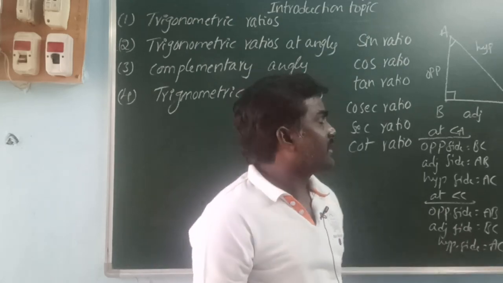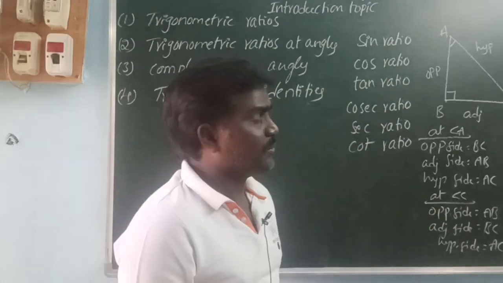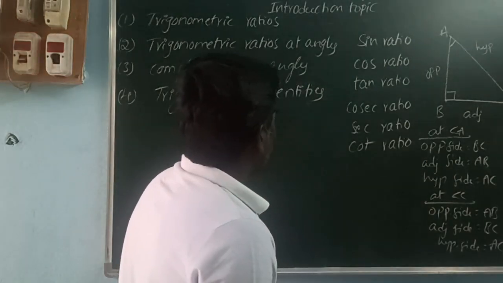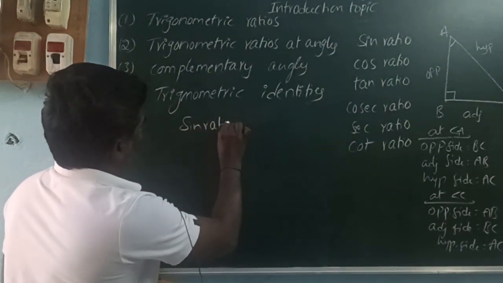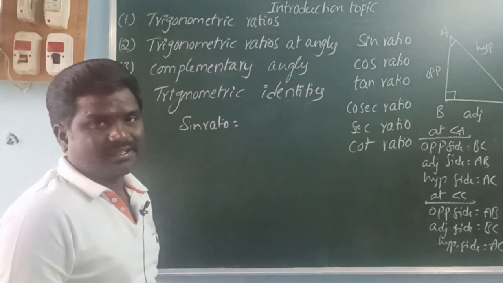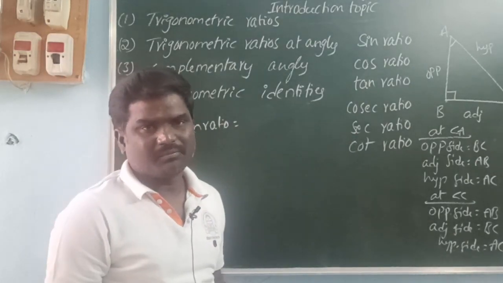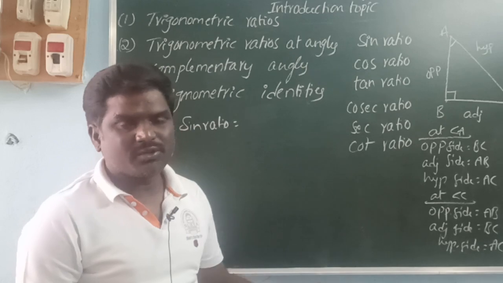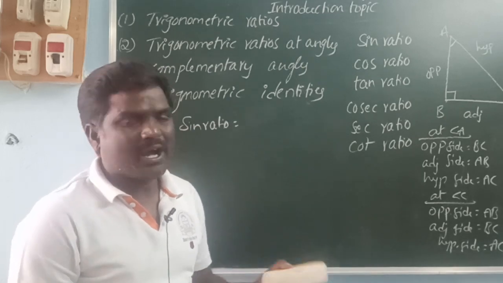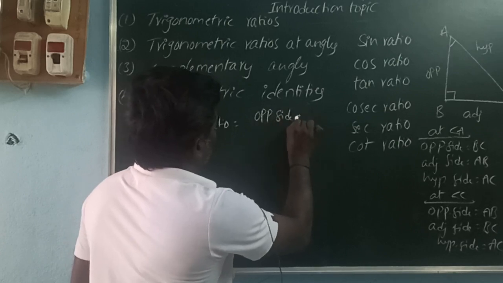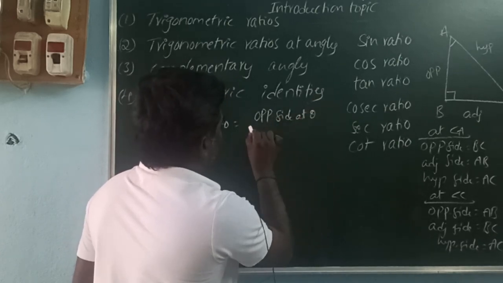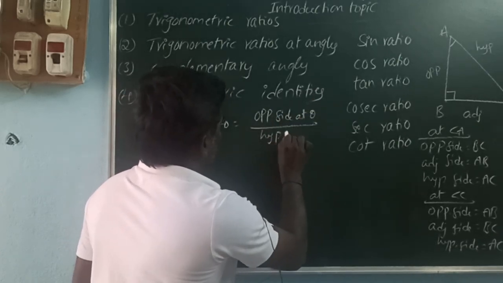Okay, so here what is the sine ratio? Sine ratio means the ratio of the opposite side at the given angle to the hypotenuse. So opposite side at theta by hypotenuse side.